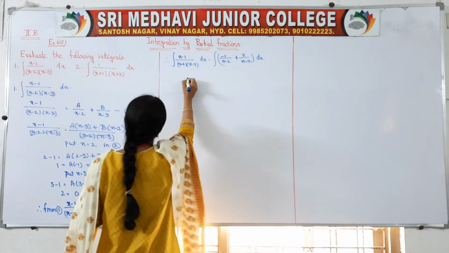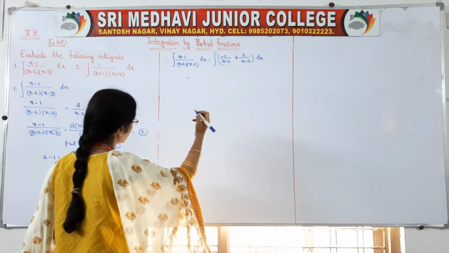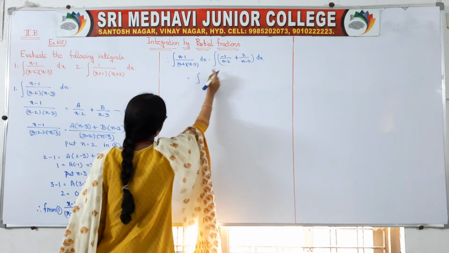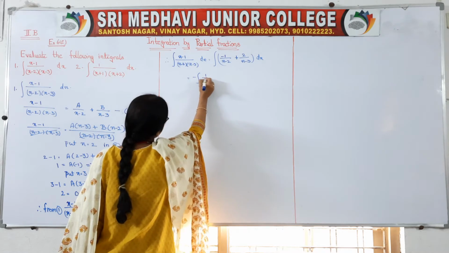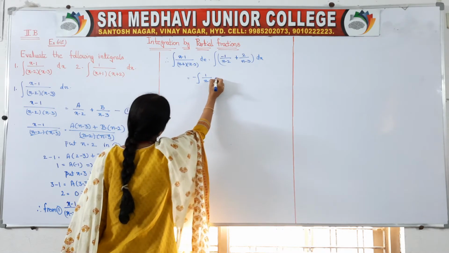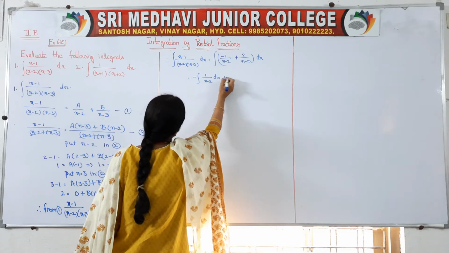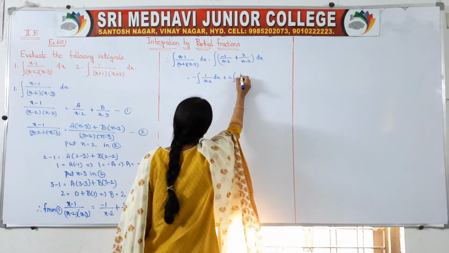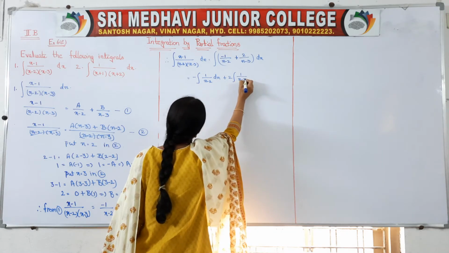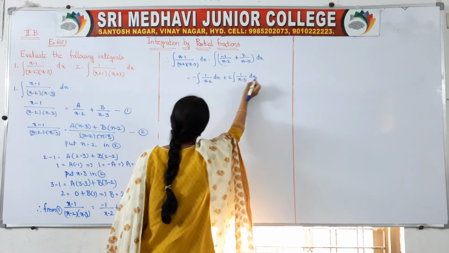Whenever in the integral we have plus, we have to take separate integrals, and minus 1 we can write outside. So it is 1 by x minus 2 into dx plus 2 is a constant, we can write outside, then it is 1 by x minus 3 into dx.